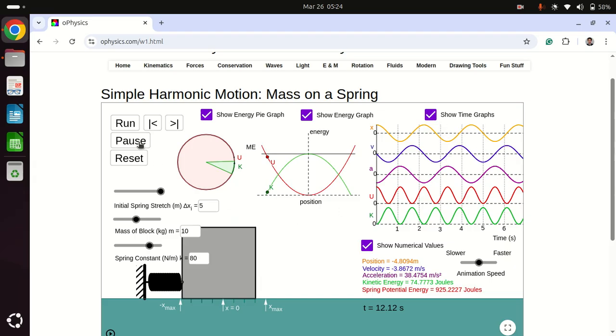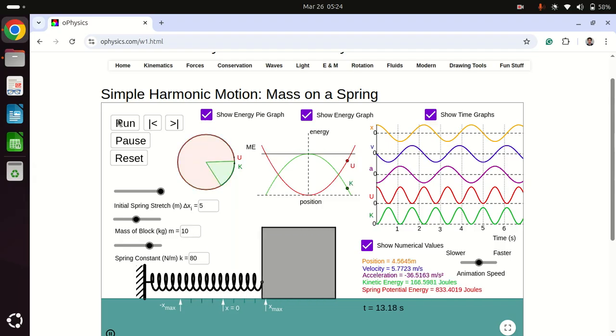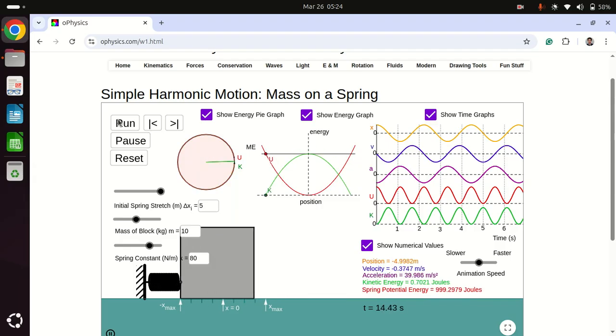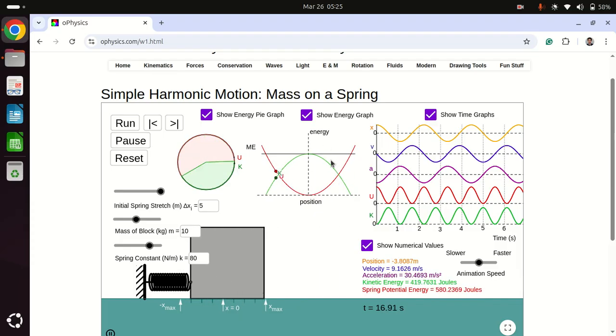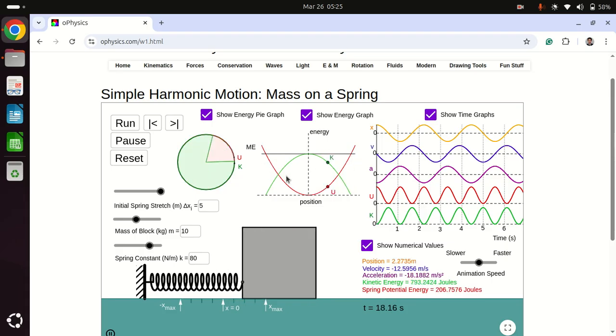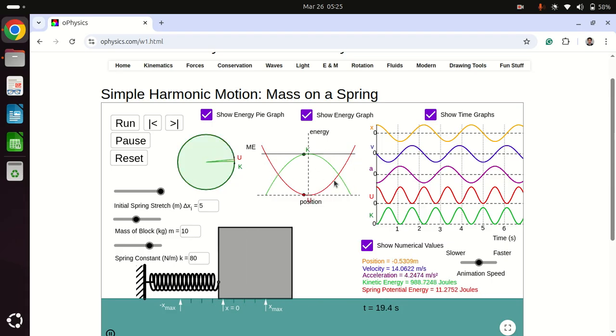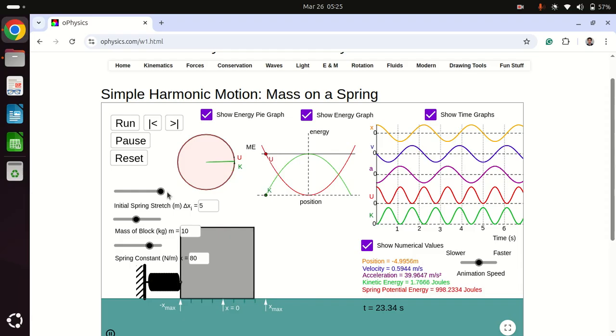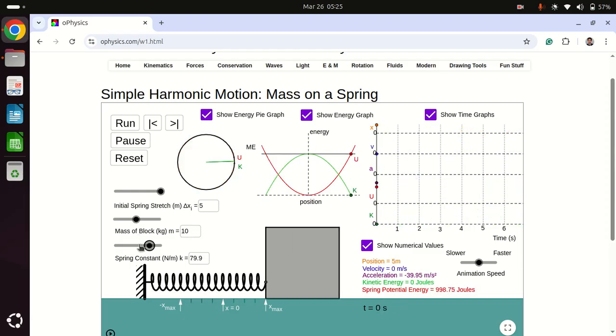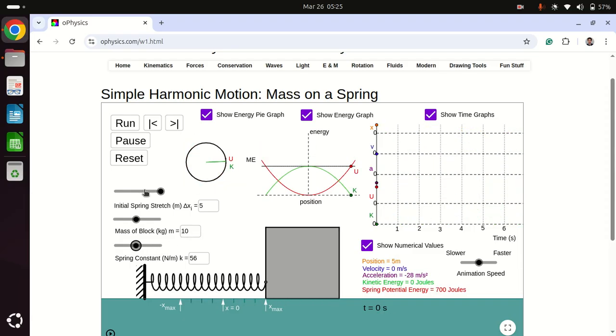Okay, let me again run. So you can see here how the position is going to change. So this is total mechanical energy which is constant, it is not going to change. Now what we can do, we can change here the mass, and I have reduced the mass, and let's hit the run.